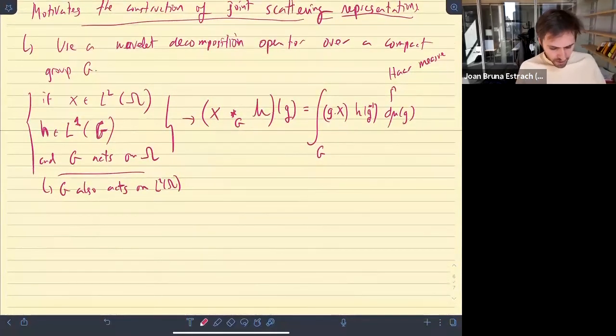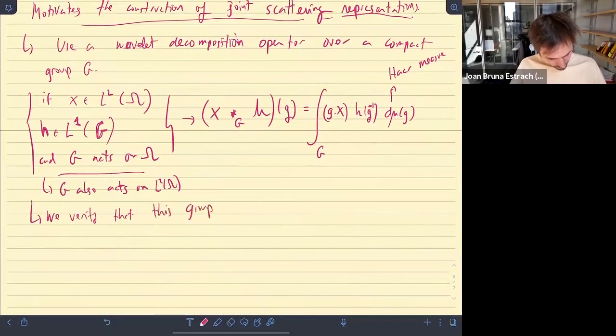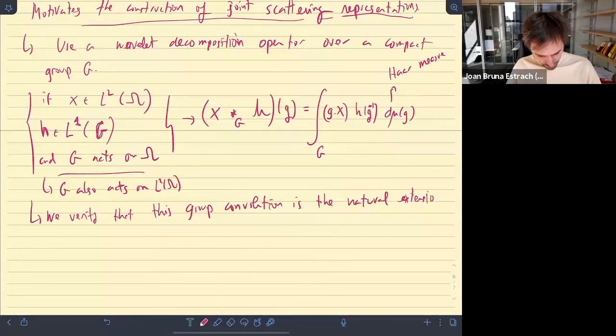So you can verify that this group convolution is the natural extension of the Euclidean convolution that we saw before.